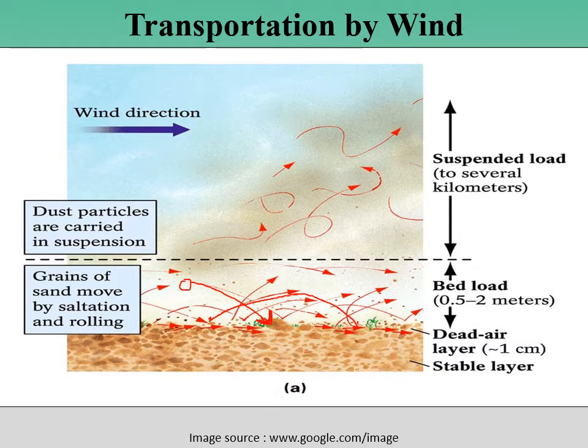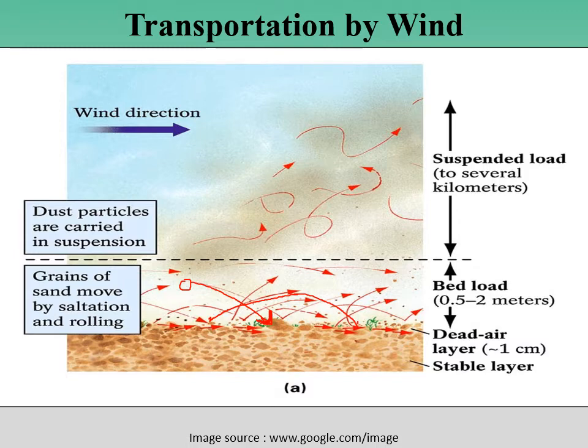Now, apart from these three, that is the bed load, saltation, and suspension load, it was found that sometimes the particles are moved in some different way. That way is known as creep.